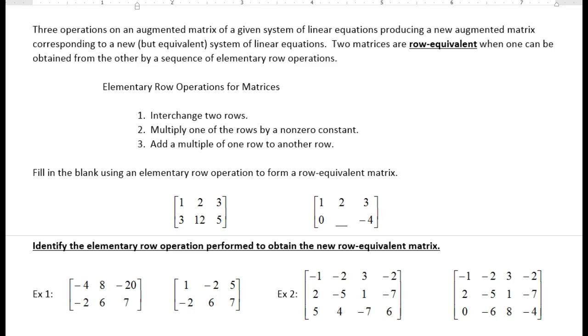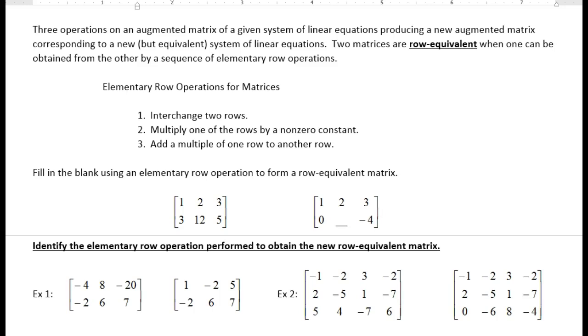We do all these row operations in order to solve for x and y and z, all right? But there's three operations we can do. We can either interchange two rows, multiply one of the rows by a non-zero constant, just multiply through by something, or add a multiple of one row to another row. So these are our three tools in our toolbox that we can use to rewrite our matrix, all in the effort to solve for x and y.